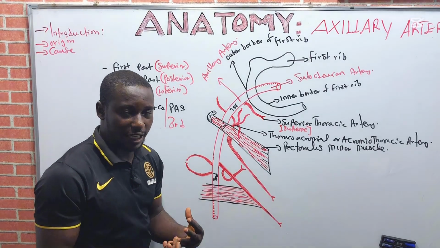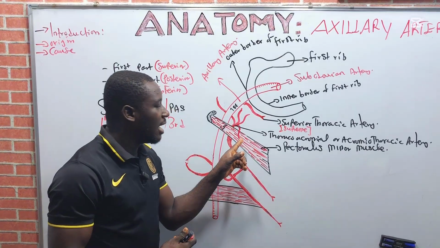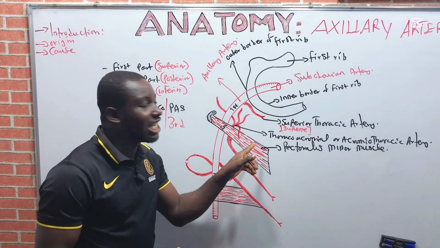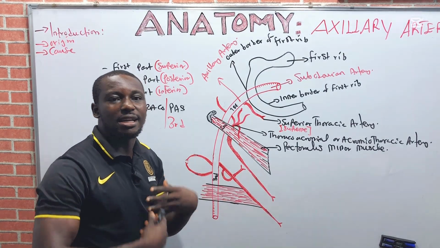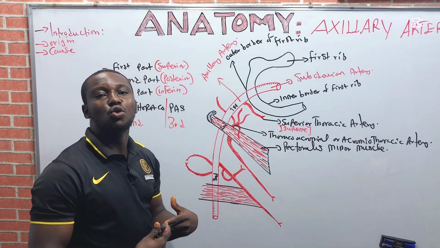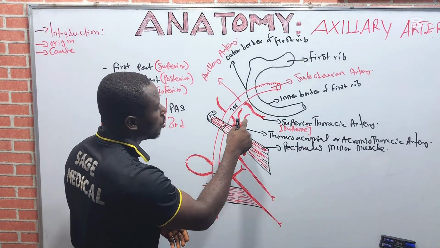The thoracoacromial artery emerges along the upper border of the pectoralis minor muscle. You can see it here at the upper border, where it pierces the clavipectoral fascia to bifurcate into 4 branches. The first branch, second, third, and fourth.